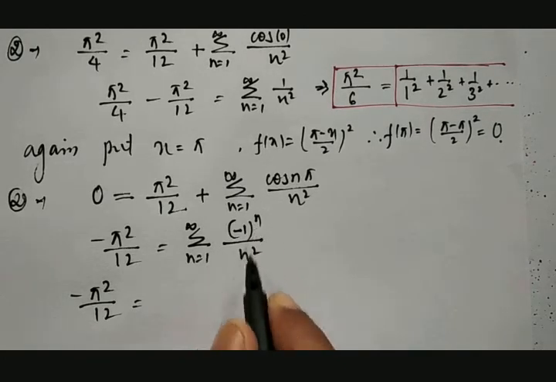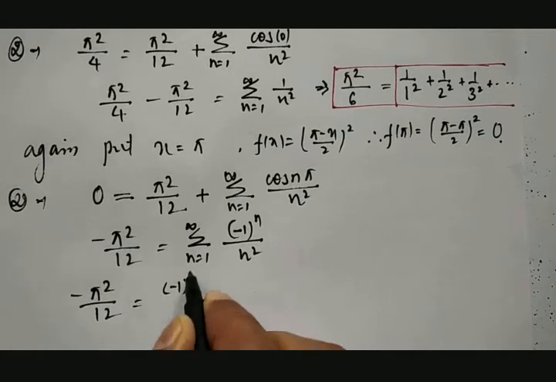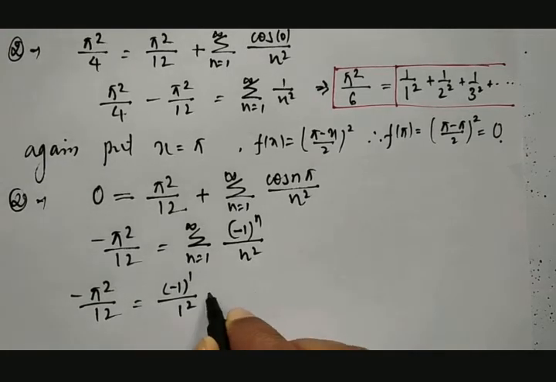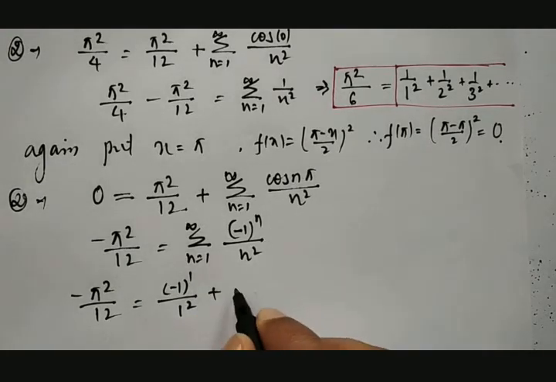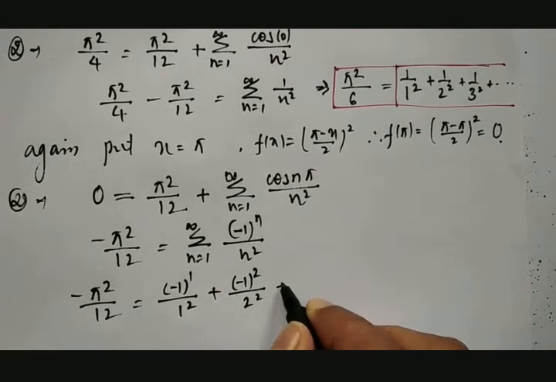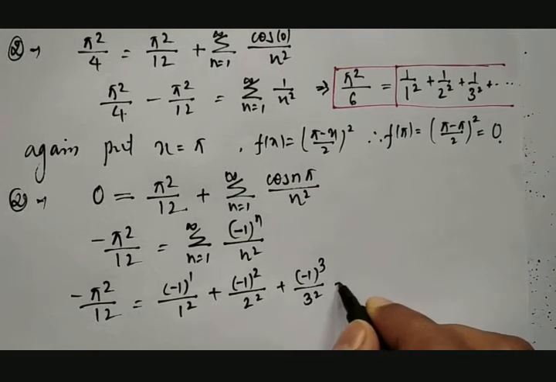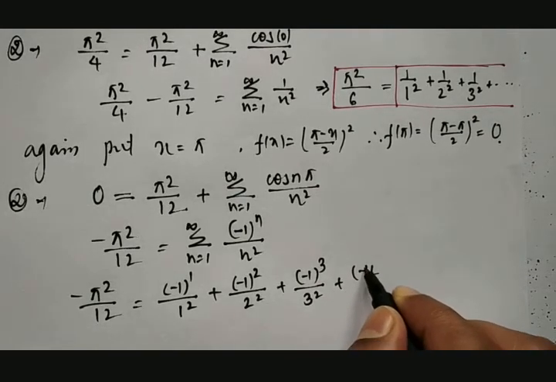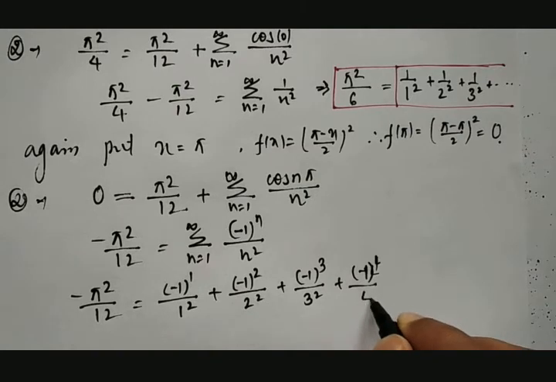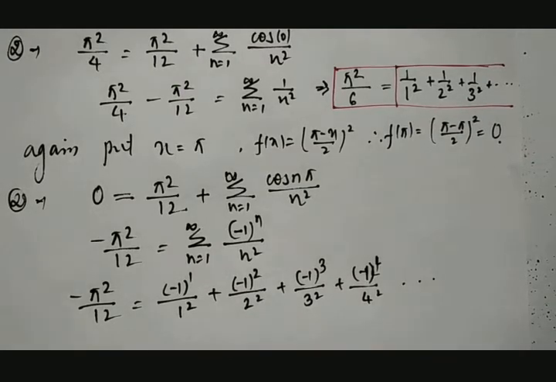If you put n is equal to 1, then it becomes minus 1 raised to 1 divided by 1 square. If you put n is equal to 2, then it becomes minus 1 the square divided by 2 square. If you put n is equal to 3, then it becomes divided by 3 square. If you put n is equal to 4, then it becomes divided by 4 square and so on.